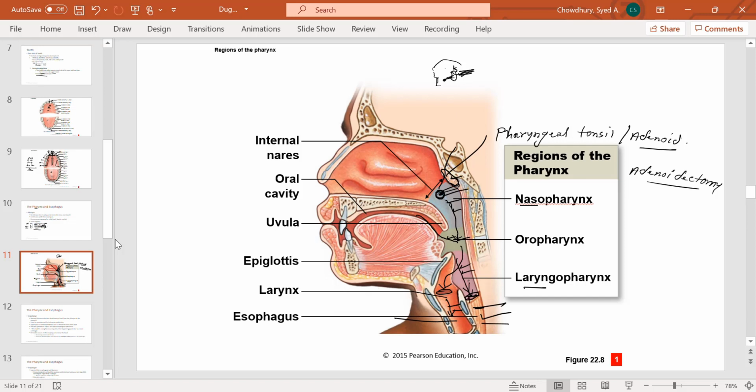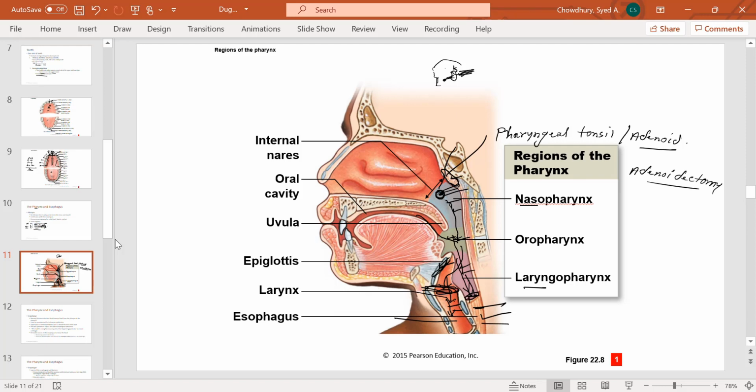Okay, now this structure is called the epiglottis. When you swallow the food, this epiglottis will move down to cover the inlet of the larynx or laryngeal inlet, so the food will not enter into the larynx. Food will enter into the esophagus to go to the stomach.